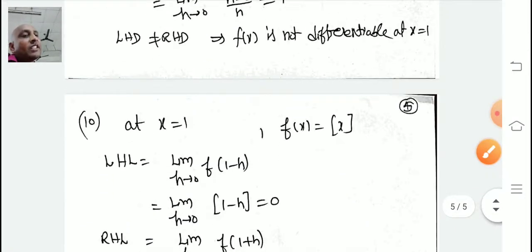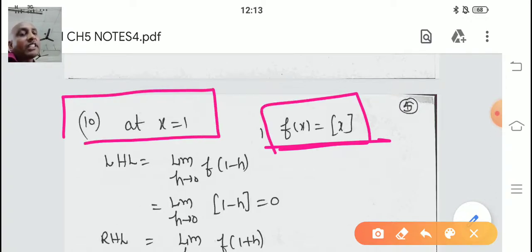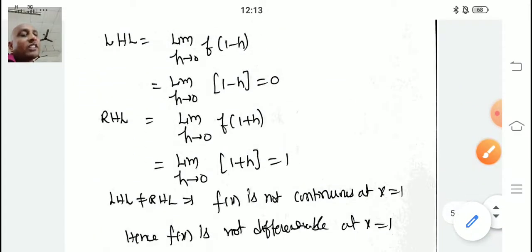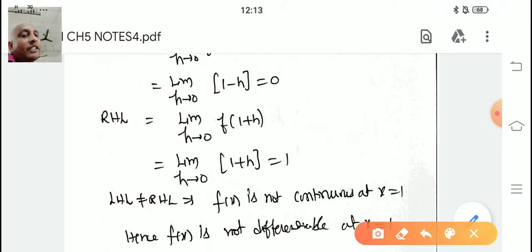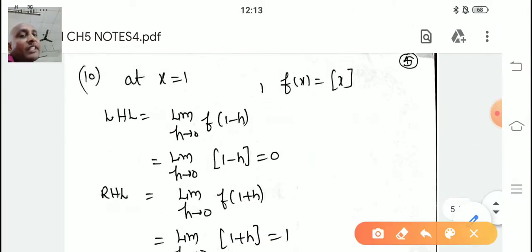Similarly, the modulus greatest integer function was also explained in the last video. Please try to understand, because the greatest integer function is not continuous at x equal to 1. When a function is not continuous at any point, it is not differentiable there. So that's why we are finding the left hand limit and right hand limit.